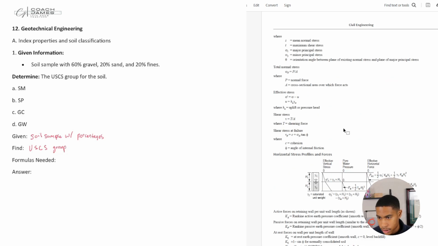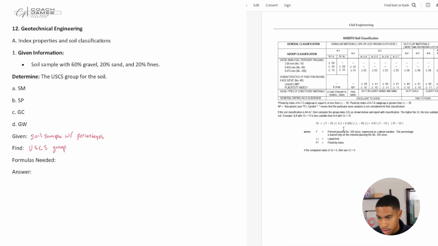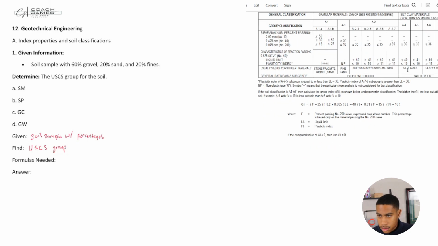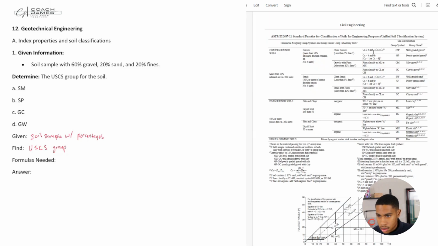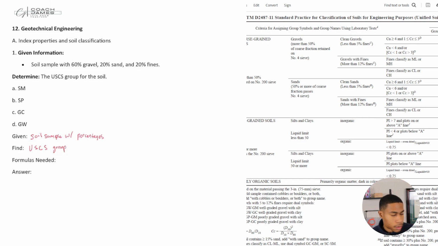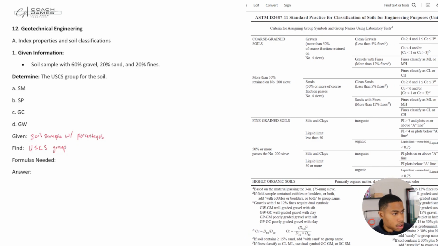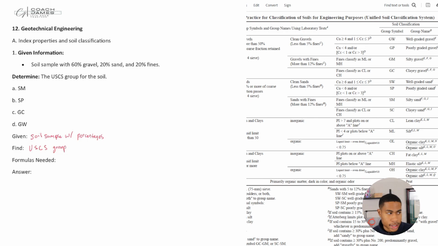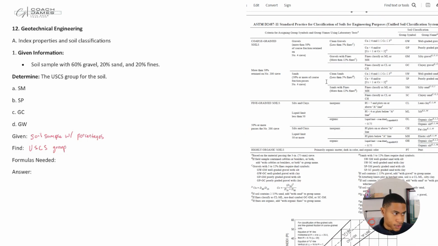Okay, so if I scroll down, we have an AASHTO soil classification, and then we also have a unified soil classification system, which is what we need. That's what the USCS stands for, right? We're classifying a soil.